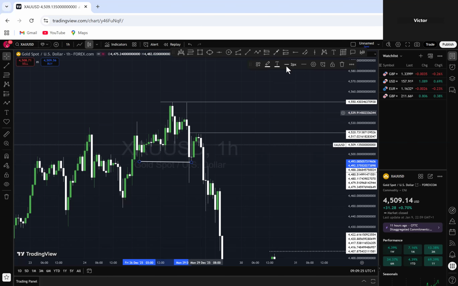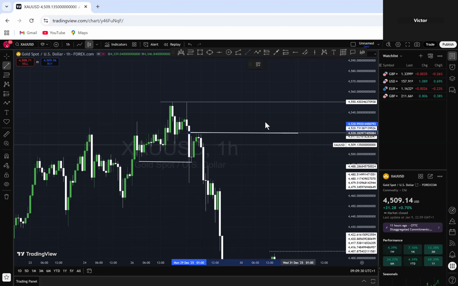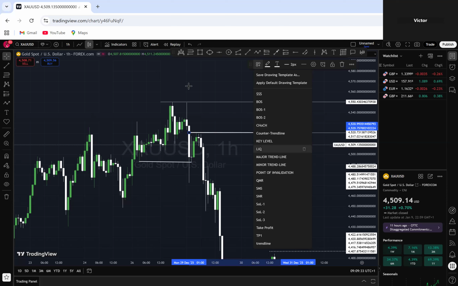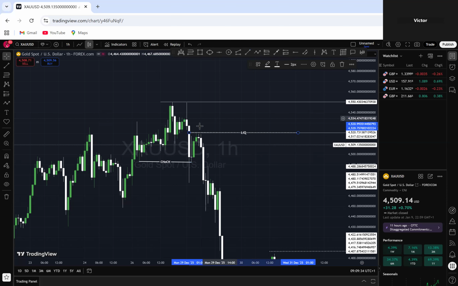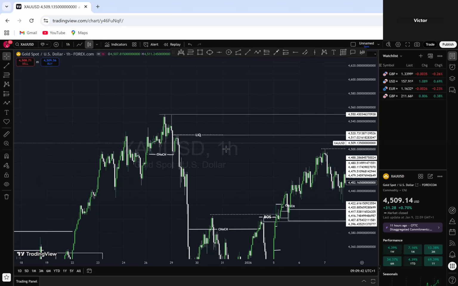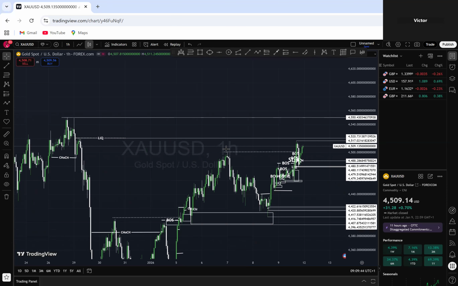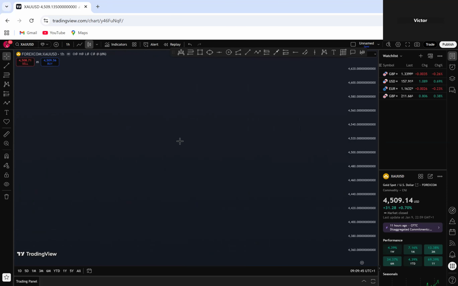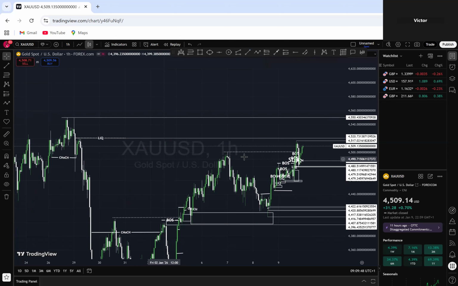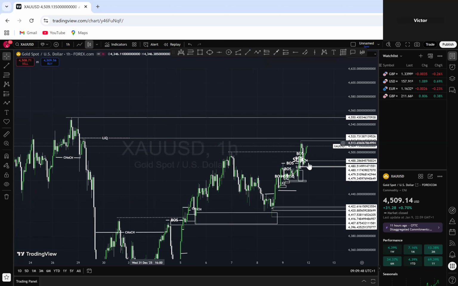And then we have this liquidity resting here. And then what that means is this area is a point of interest. So let's be careful with this area. Meanwhile, we are still maintaining the internal structure.